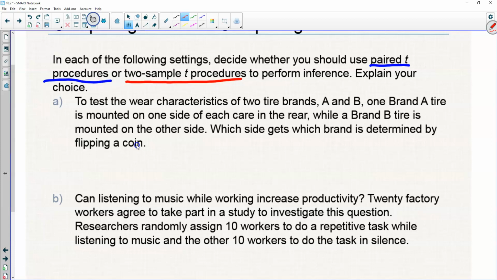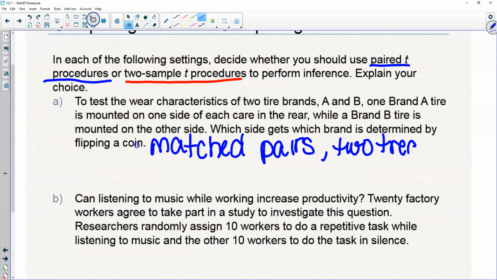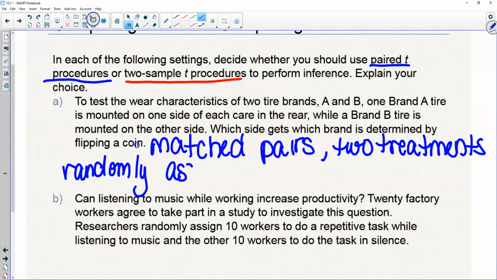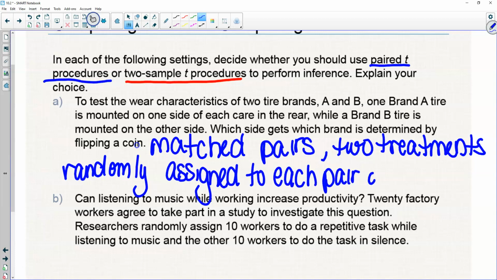Like there's the wheels on each side of the car, this is a matched pairs experiment, since 2 treatments are randomly assigned to each pair of wheels.